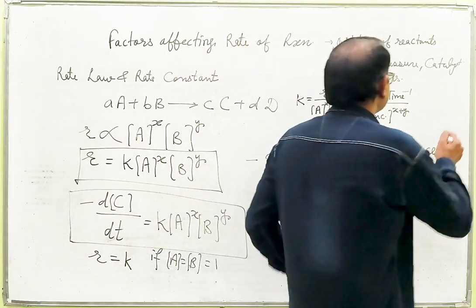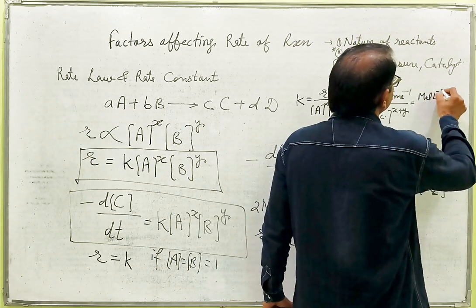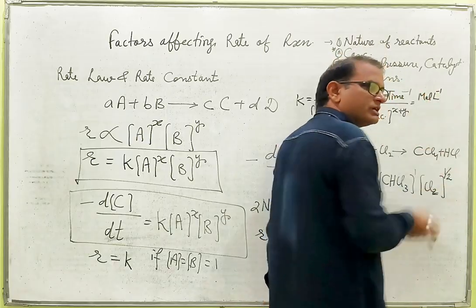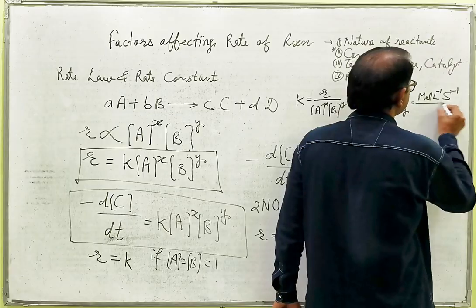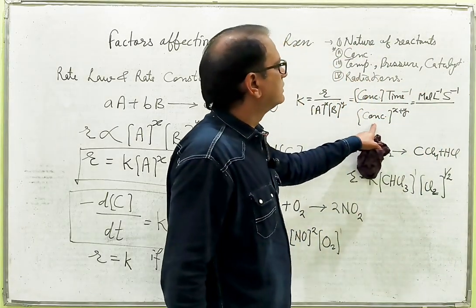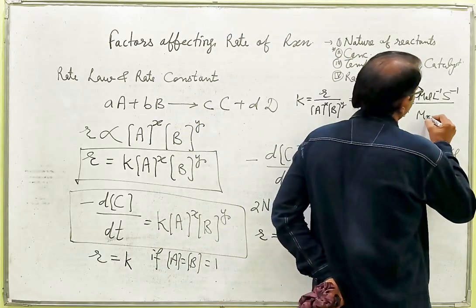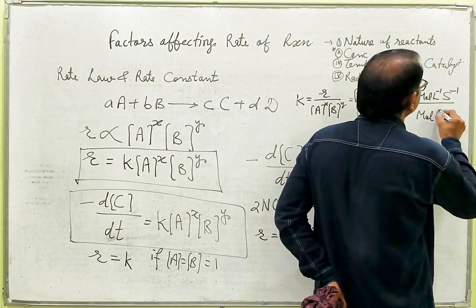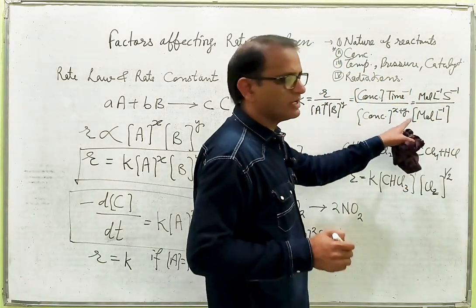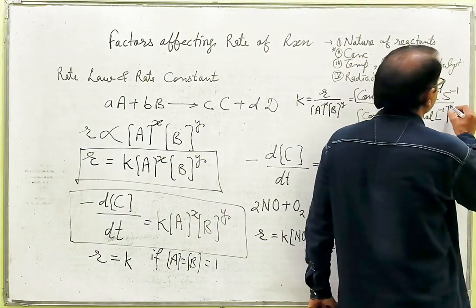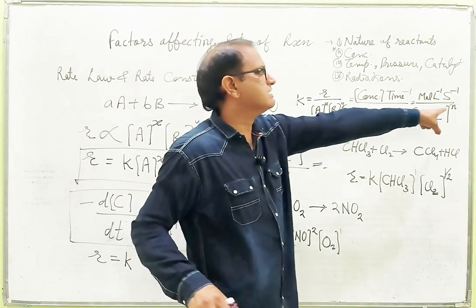Then the concentration we know is mole liter inverse, and now we are taking the SI unit, second inverse. And here again mole liter inverse, and x plus y, let us take n.